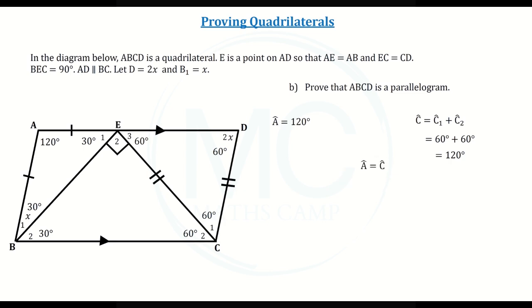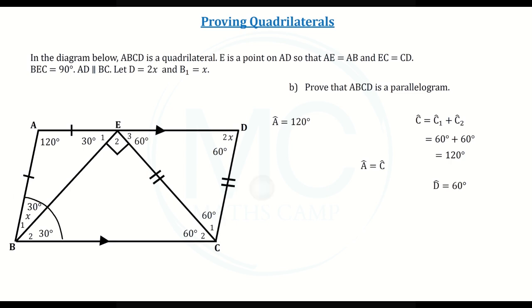These opposite angles are equal, but remember that to use opposite angles as a reason that a quadrilateral is a parallelogram, we need to prove that both pairs of opposite angles are equal. So let's look at angle B and angle D. We already know that angle D is 60 degrees. So we can make a note. We can say angle D is equal to 60 degrees. Angle B is made up of B1 and B2.